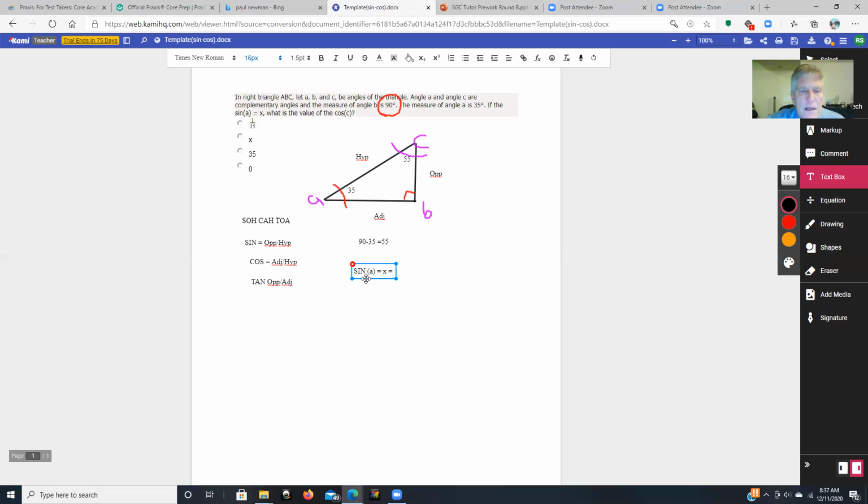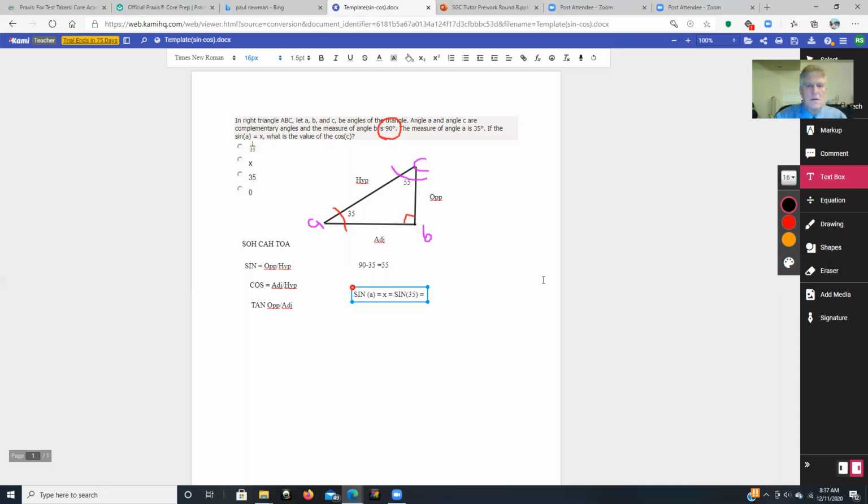So if we're going to write down the ratio for sine of A, we can say sine of 35 degrees is equal to the opposite, which is BC, divided by, so this is the opposite over the hypotenuse, AC.